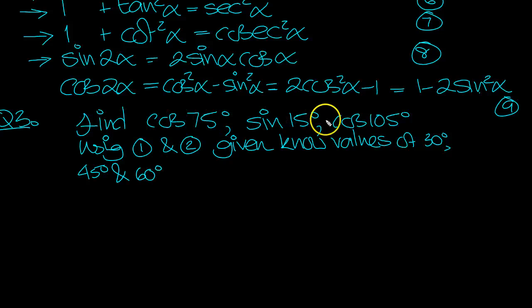Find cos 75, sine 15 and cos 105 using given 1 and 2, given known values of 30, 45 and 60. So sine 30, cosine 30. I'll write it underneath actually. So let's just write them down.